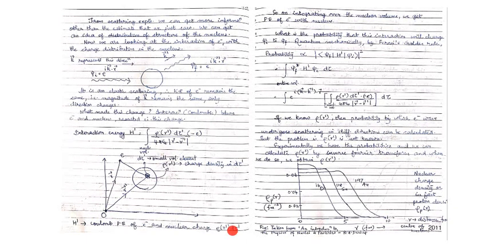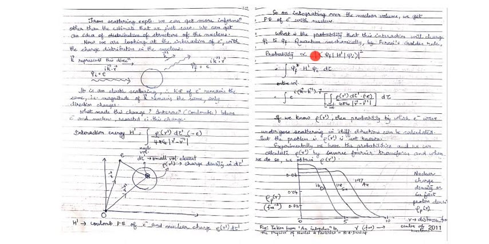Now, for any transition from an initial state psi_i to psi_f, quantum mechanically the probability of such an interaction is given by Fermi's golden rule, and the probability is proportional to the modulus squared of the expectation value of H prime.